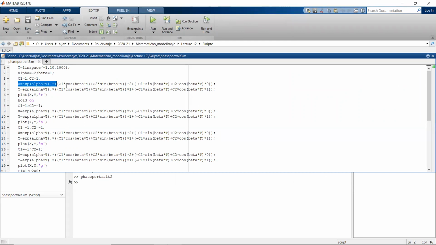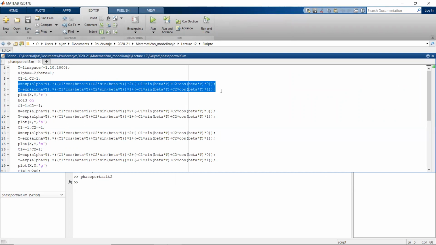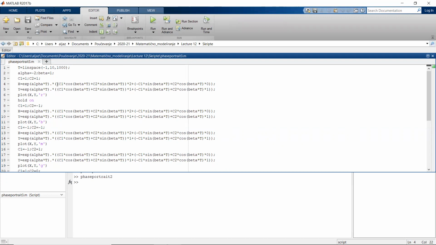The solutions are computed in the same way as in the general case. So I just plot the real part times C1 plus the imaginary part times C2. Here they are only a little bit rewritten, so I wrote C1 cosine beta t plus C2 times sine beta t. In fact, the real part would be C1 cosine beta t minus C1 sine beta t, and then the imaginary part would be C2 sine beta t plus C2 cosine beta t.